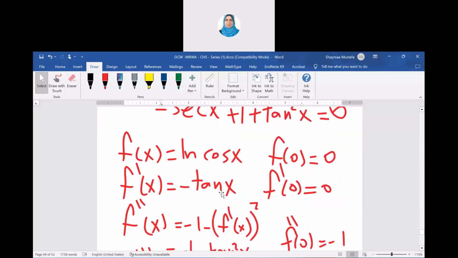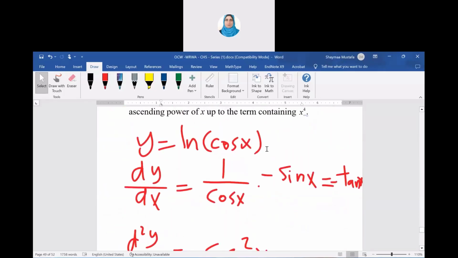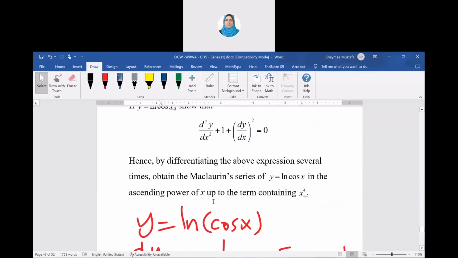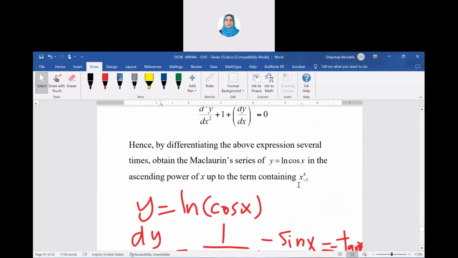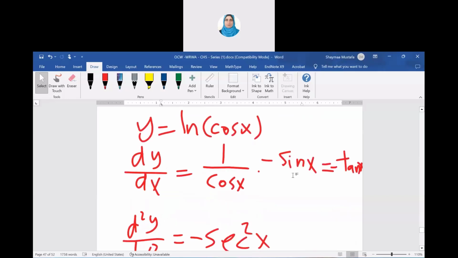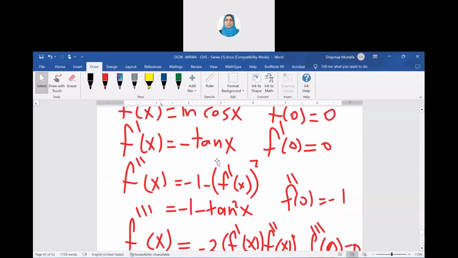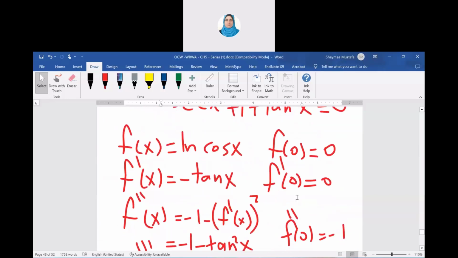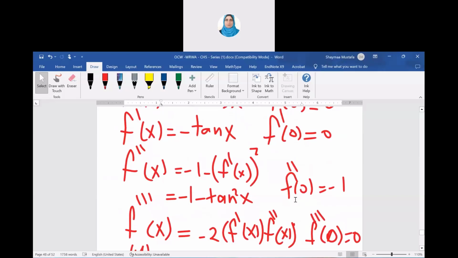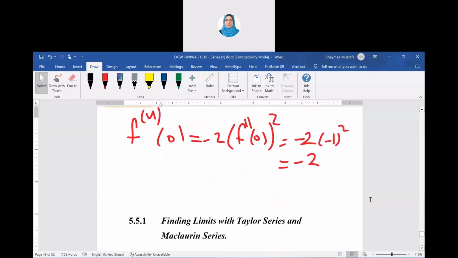So we stop here because he asked me to stop at x to the power 4. X to the power 4 means the fourth derivative, because the fourth derivative will multiply by x to the power 4. So you don't have the first term or the second term. You have only x squared and x to the power 4.